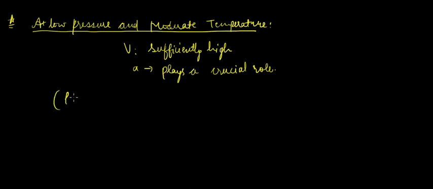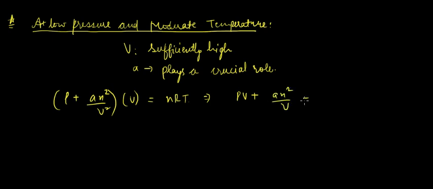Now we can write the equation as (P plus an square upon V square) into (V minus nb) would be just V, because V is sufficiently high, equals to nRT. Now we can write that this is simply PV plus an square by V equals to nRT.